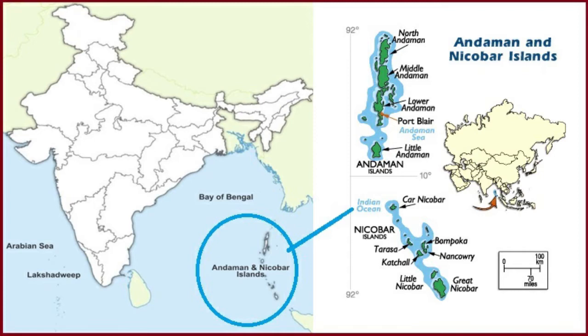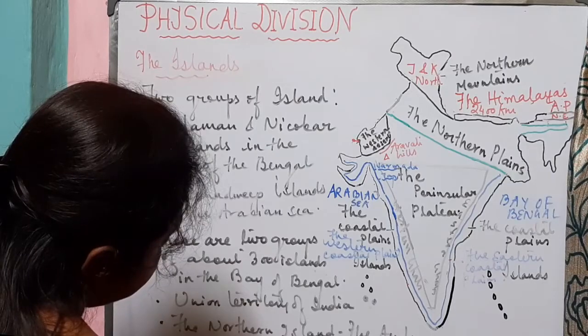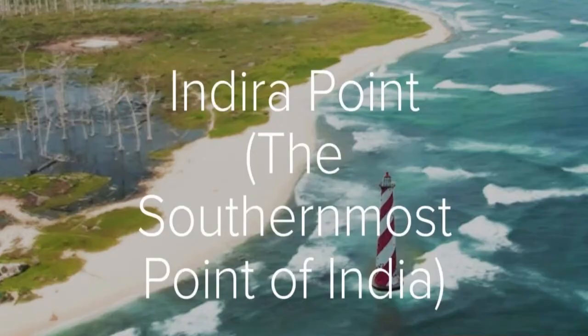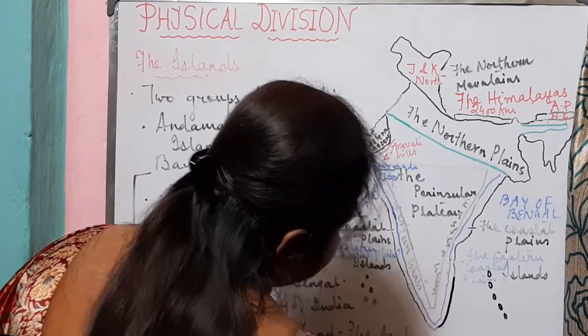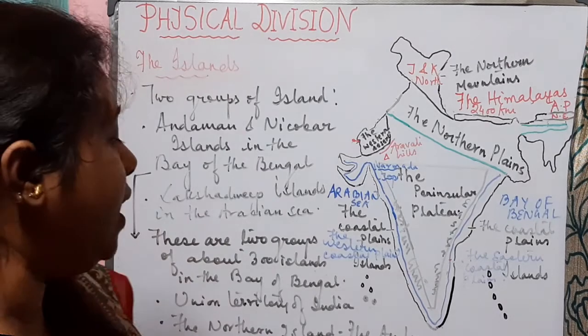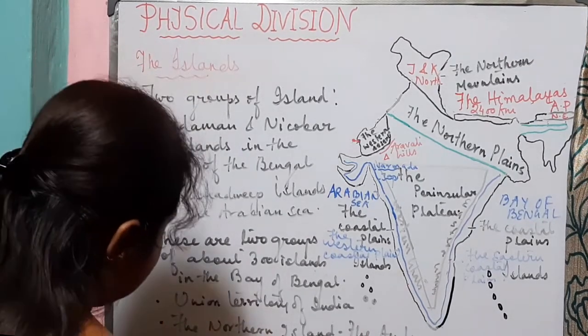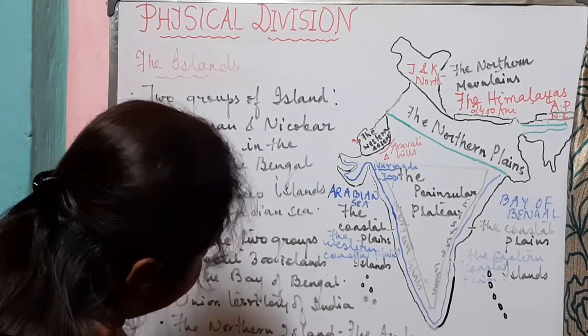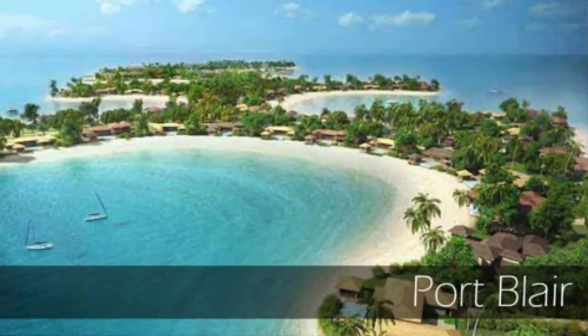The southernmost part of this island is Indira Point, which got submerged during the tsunami. We will see that the capital of the Andaman and Nicobar Islands is Port Blair.